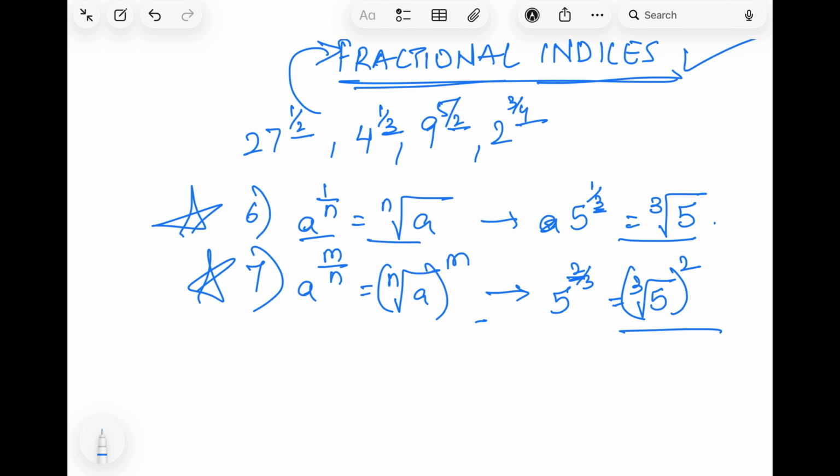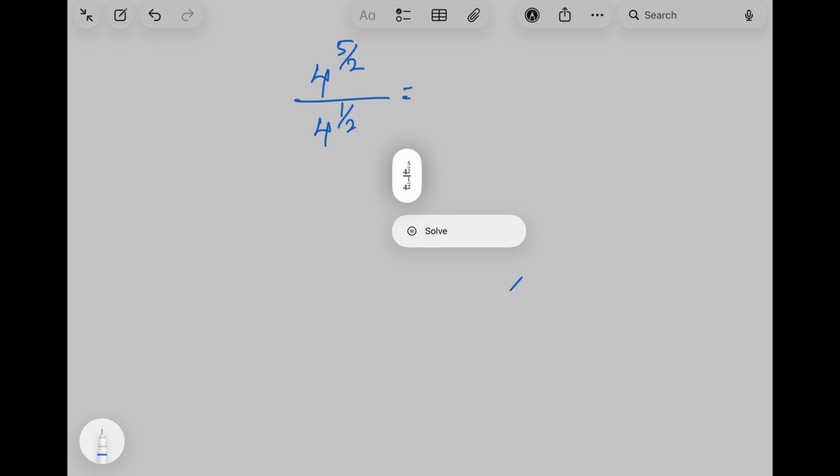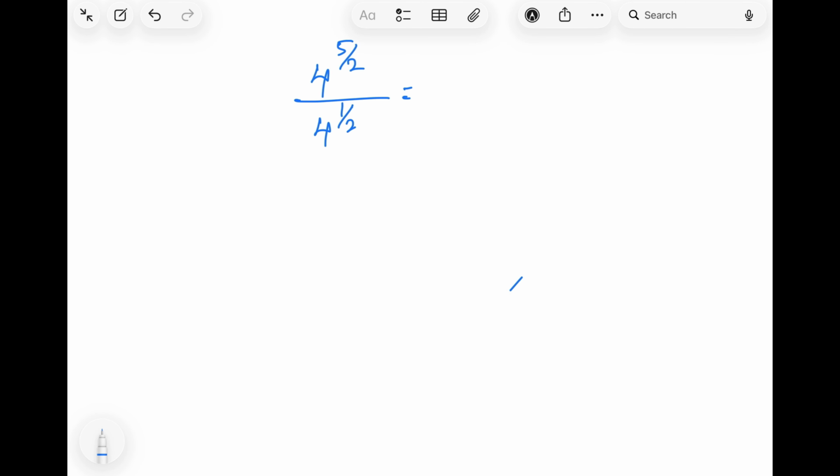Now let's take up an example to solve indices which are given in fractions. So if it is 4 raised to 5 by 2 divided by 4 raised to 1 by 2. Now if you see, we are using two laws here. The first law is division, and the second law we will use at the end while writing the answer, if they tell you to write the answer in root form.